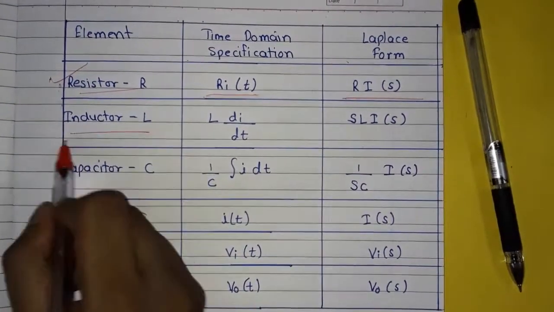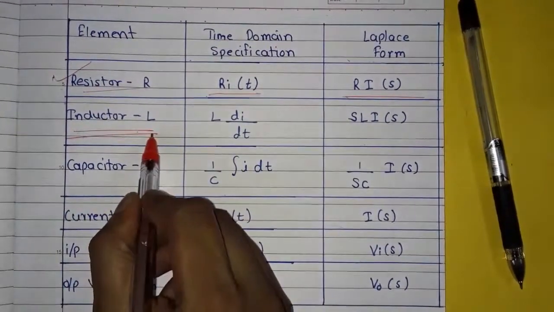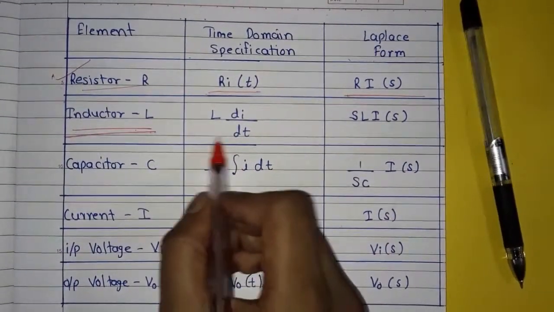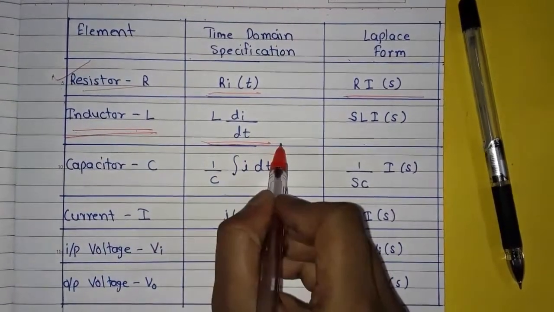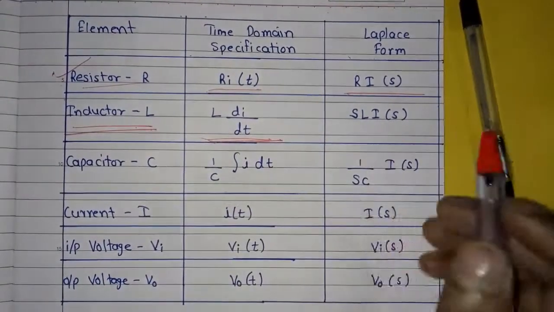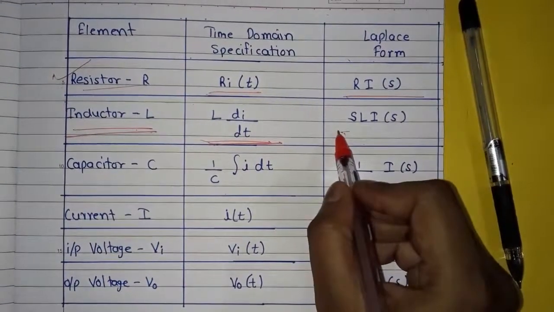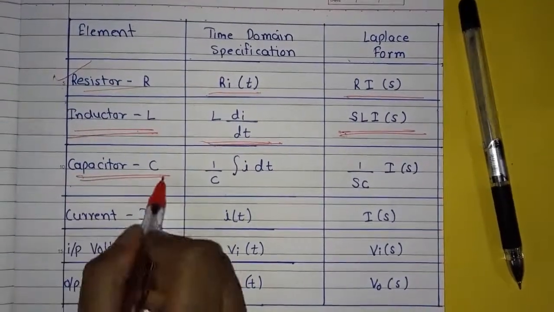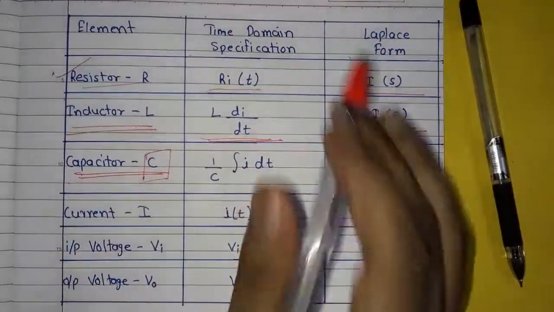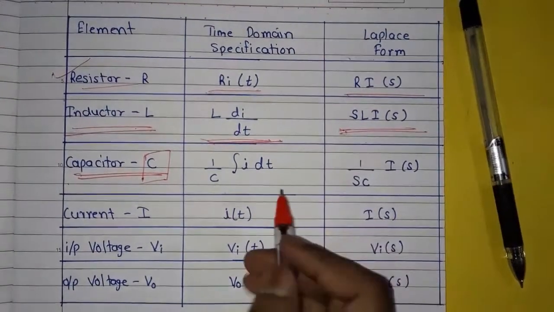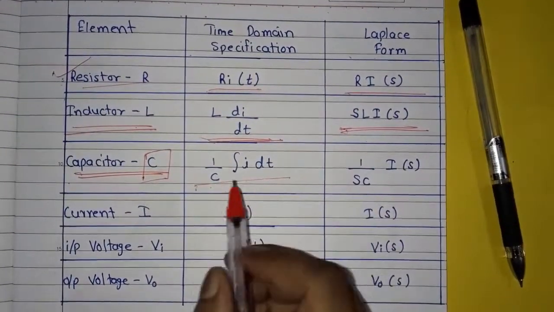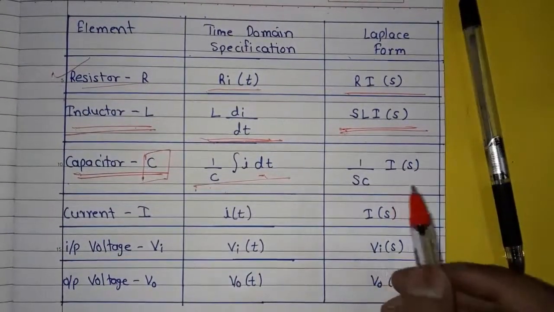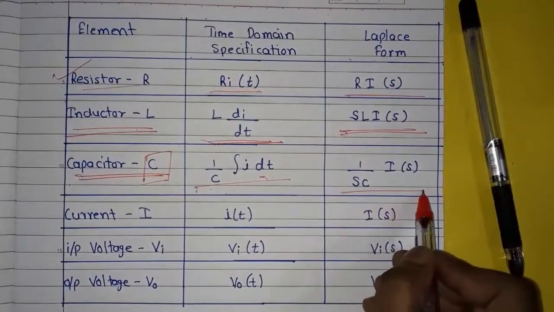Second is inductor denoted by L. Its time domain specification is L into di upon dt and its Laplace form is sL I of s.